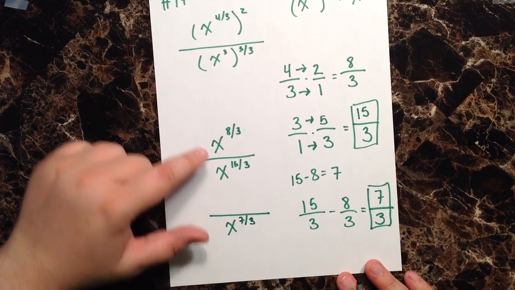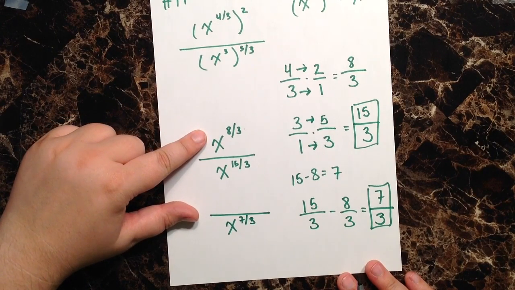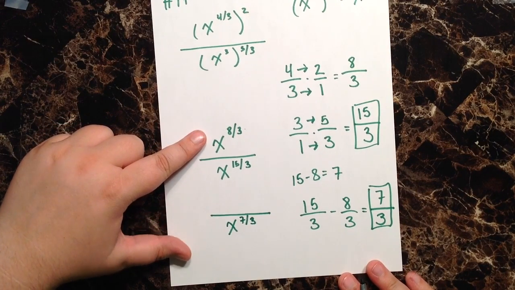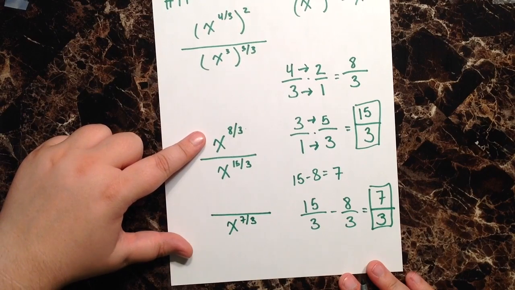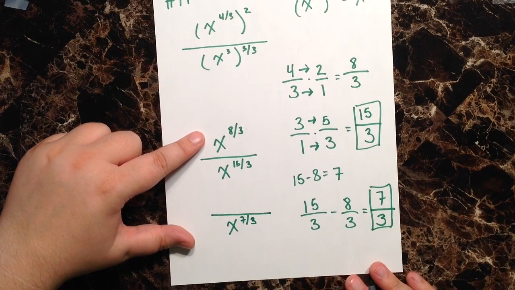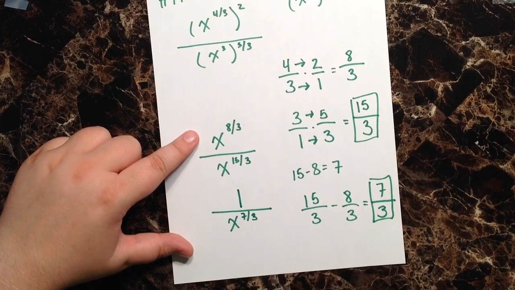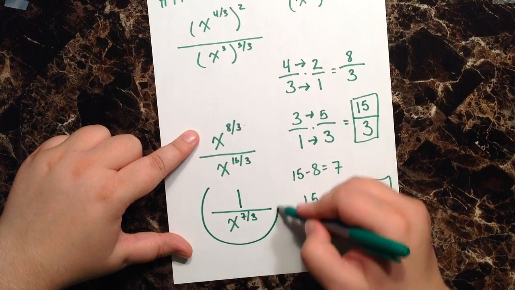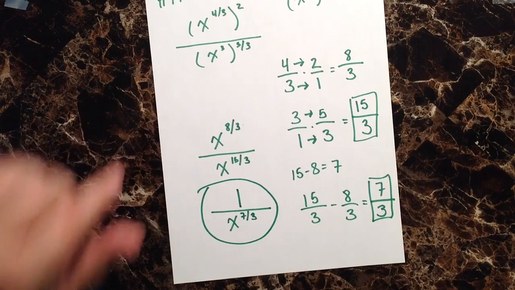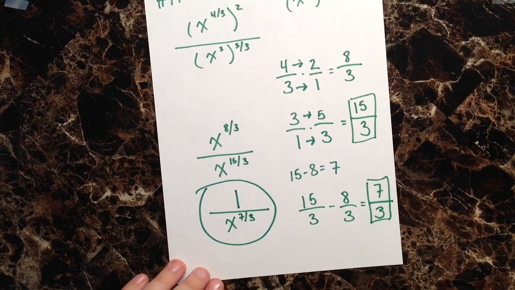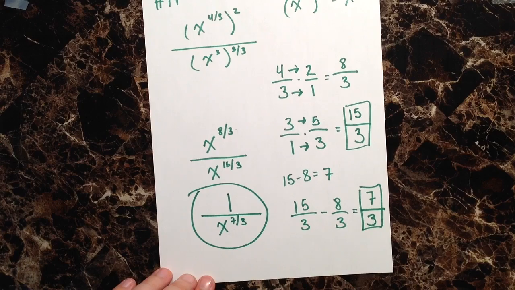But when I subtracted, I got rid of my numerator, which I can never do. I can never have a blank numerator, so when my numerator eliminates, I have to replace it with a 1. And so my final answer is 1 over x to the 7/3 power.